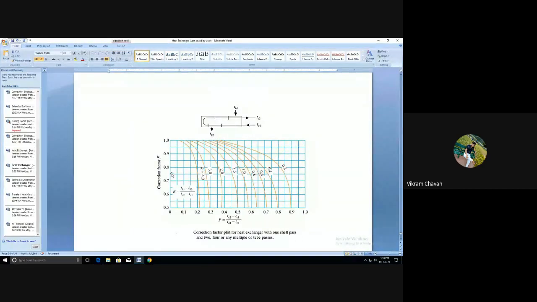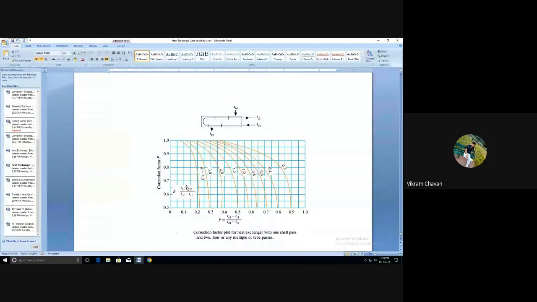In this fashion, you have to calculate the correction factor for multiple passes. In the case of multiple passes or multiple shells, if you are applying the logarithmic mean temperature difference to calculate the rate of heat transfer, you have to consider the equation Q is equal to U multiplied by A multiplied by F multiplied by theta m.